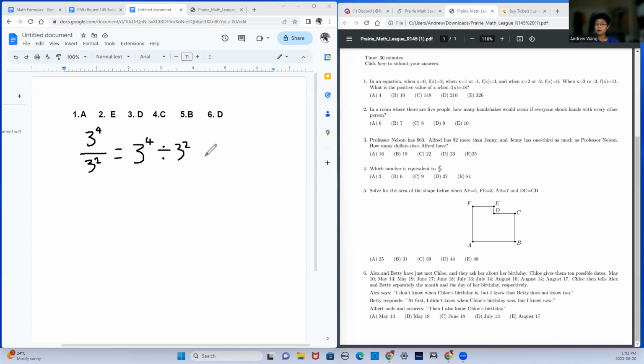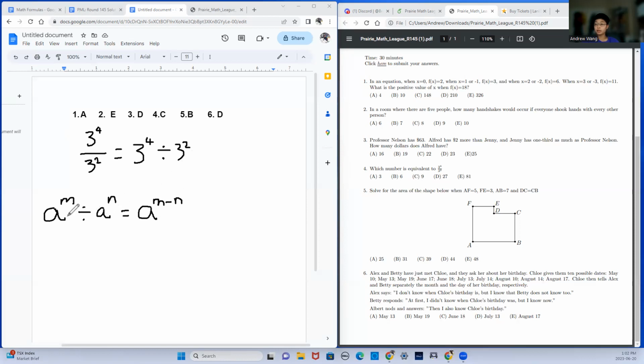And I don't know if many of you know this, but there is a power rule, which is a to the m divided by a to the n actually equals a to the power of m minus n.